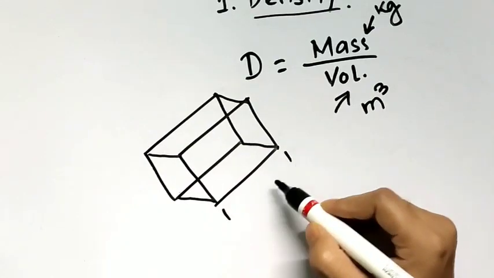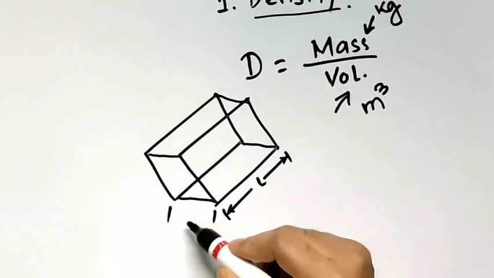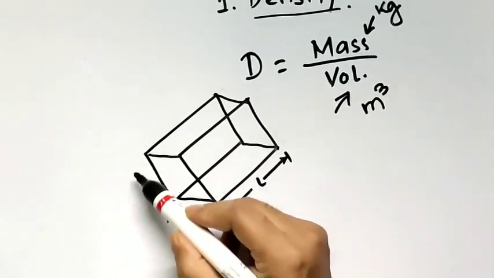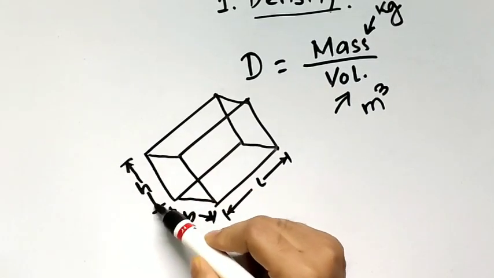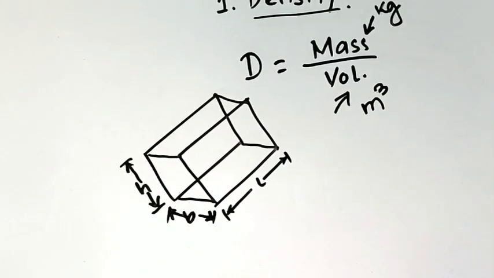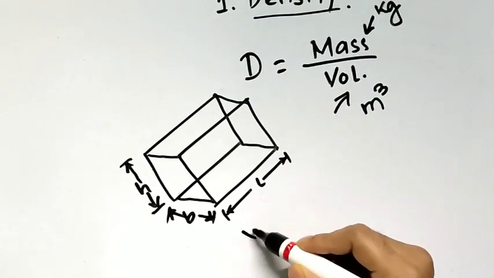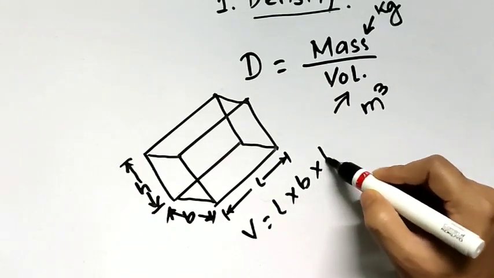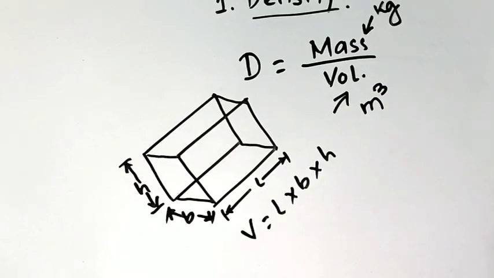This is our length, which is L, this is our breadth, which is B, and this is our height, which is represented by H. Now in order to find out the volume of that particular cuboid, the formula of volume is length into breadth into height.